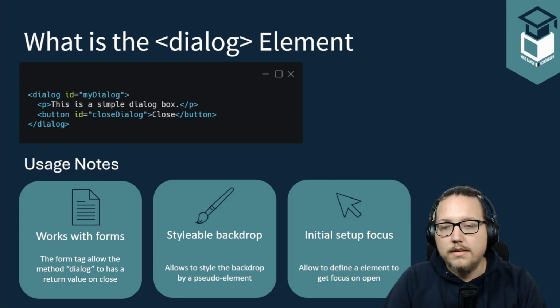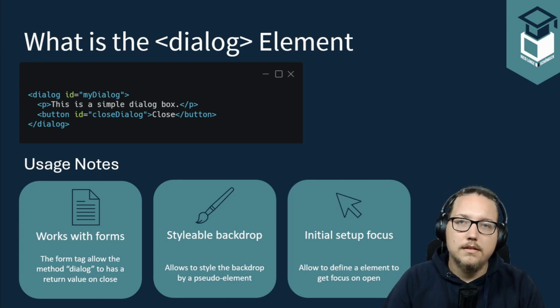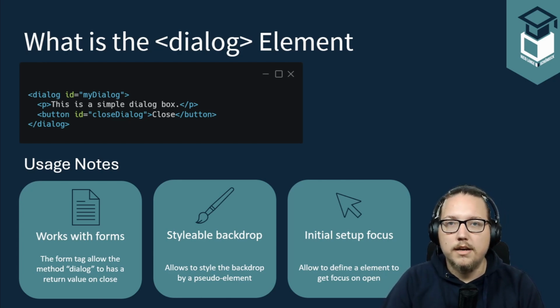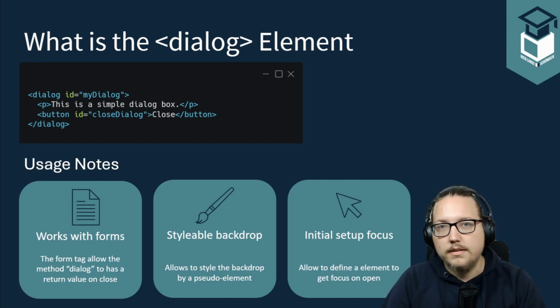The second one is that because everything comes from the browser, you can easily access the backdrop to adjust it with a blur or a transparent color that differentiates between the content behind and the dialog itself. And it is relatively easy to set up an autofocus on a specific element when the dialog opens, to help the user interact with the dialog directly.